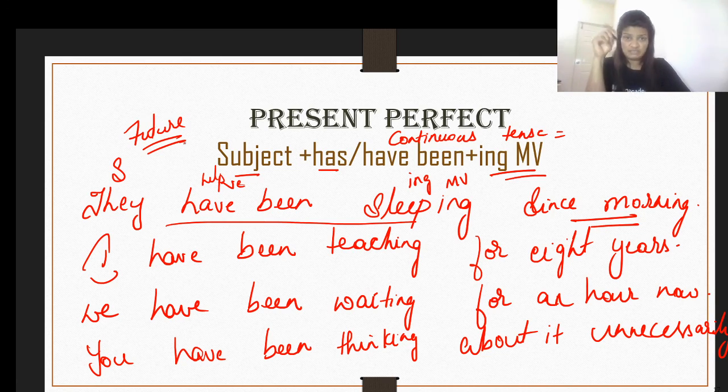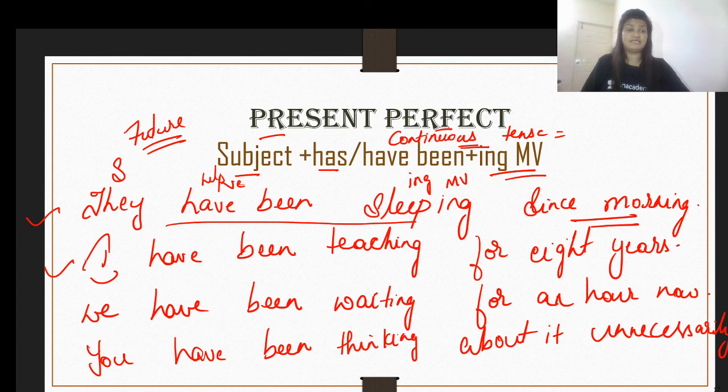Even now, while I am expressing this statement to you, they are still sleeping and not awake yet, and they possibly will continue sleeping for another couple of hours. We do not know. So here, all three timelines are connected, and that is why we refer to this as present perfect continuous, because the action is in continuity still.